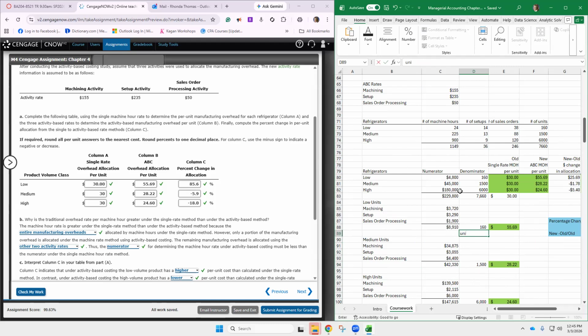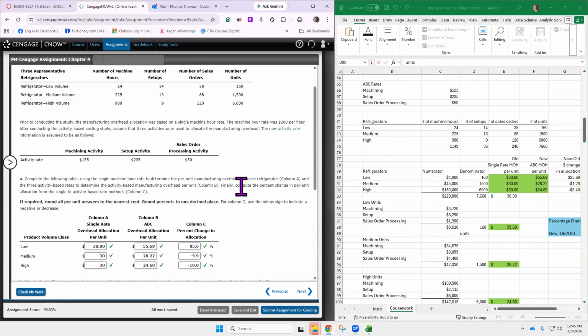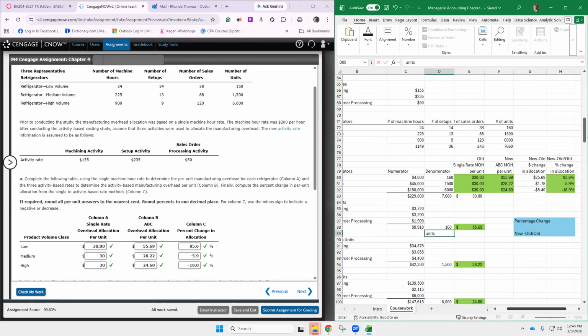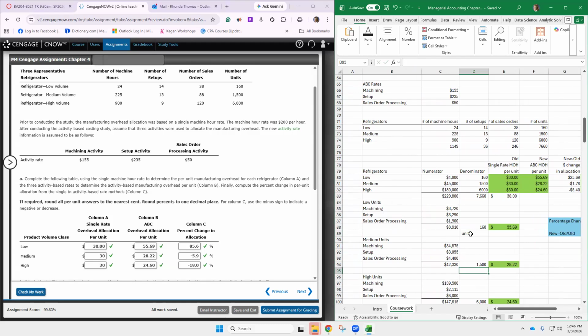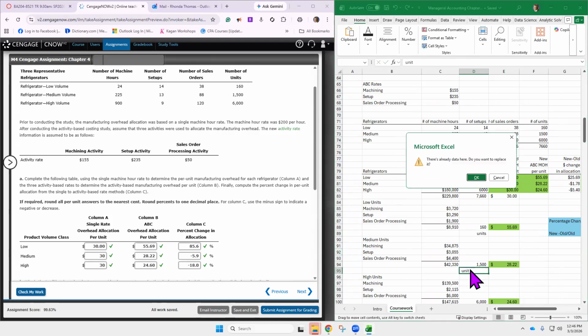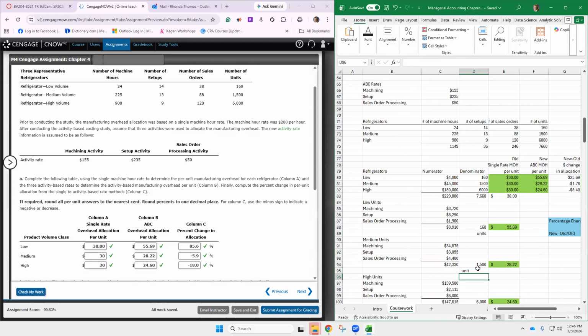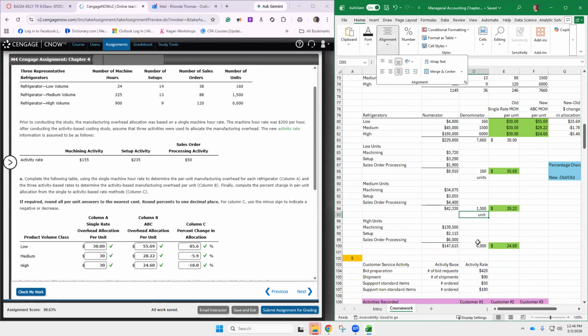Okay, so these are units. And they told us our units up here, and I've got my units up here. All right, so we want units divided by units. This can get pretty confusing. You're going to have to try to keep things straight, and you're going to have to understand where you got each number, because sometimes it takes a while to get used to that.